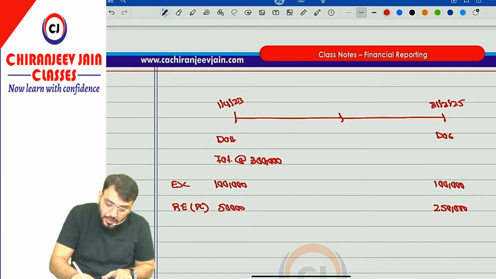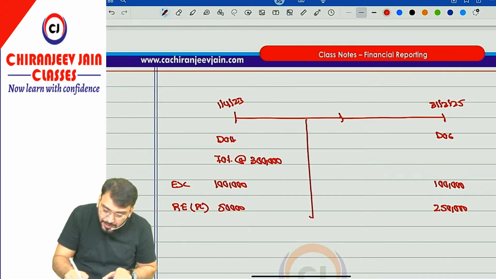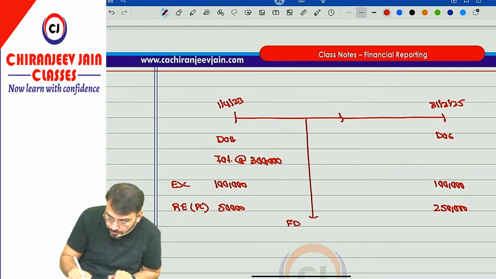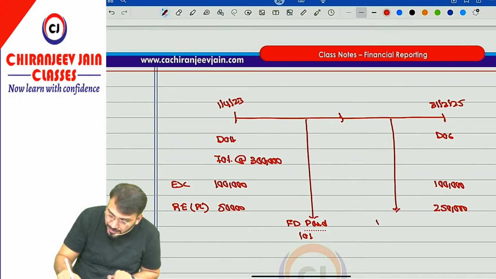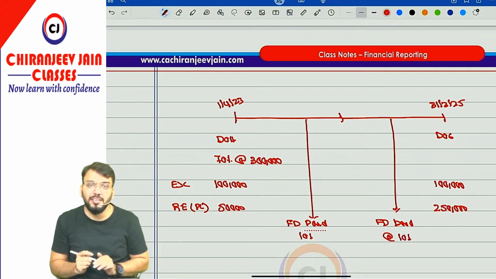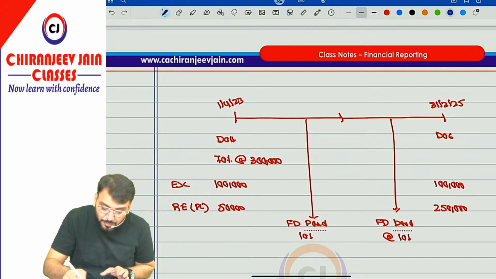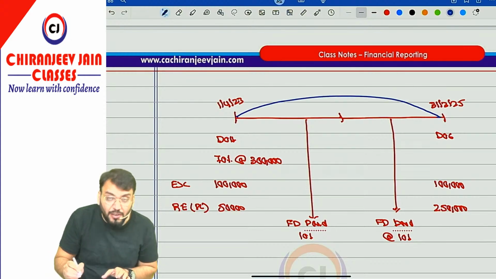They have also given final dividend paid at a rate of 10%, and here also final dividend paid at a rate of 10%. This information has been given. So you can see here the post-acquisition period is 2 years.